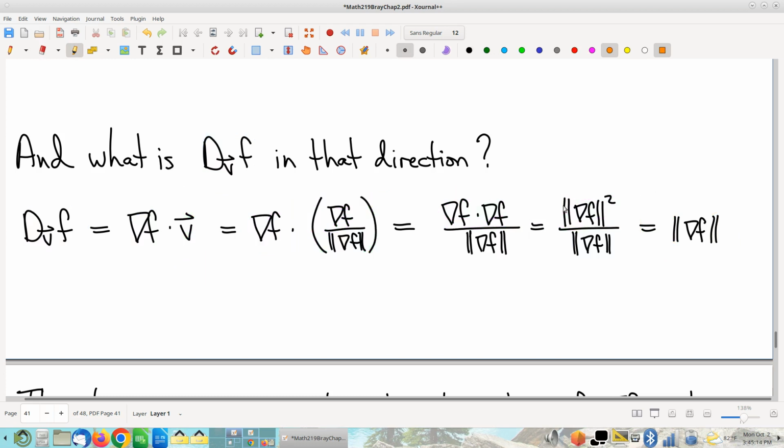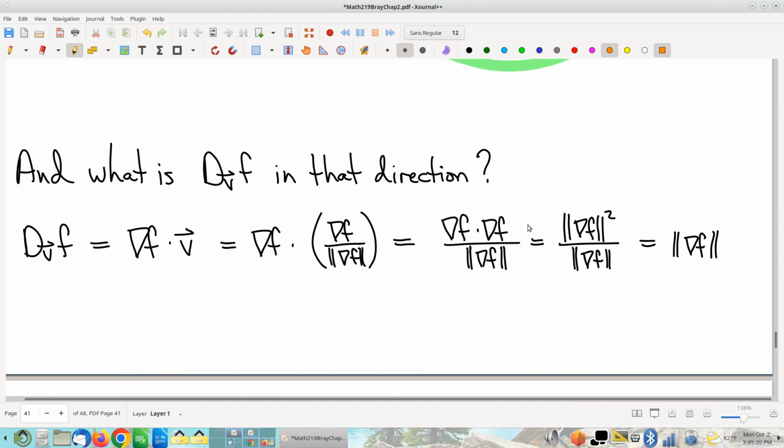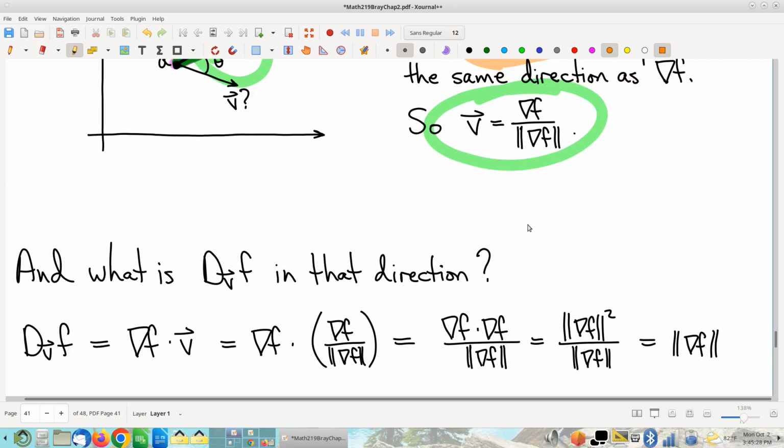We've asked now two questions. What's the direction of fastest increase? And how fast is the function increasing in that direction? Extremely natural questions. And the answers are the direction of the gradient and the magnitude of the gradient. In some sense, the gradient is the answer to both of those questions. How about that?